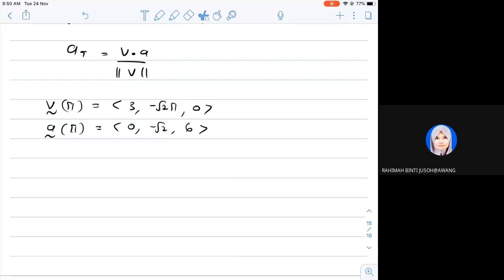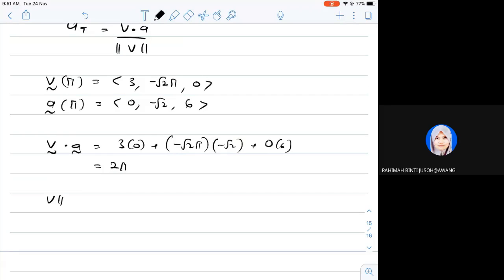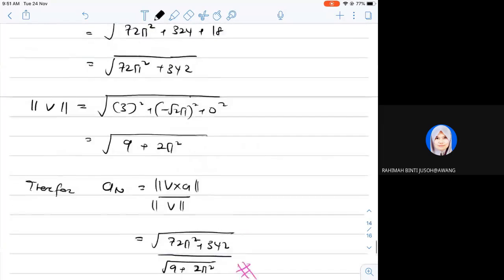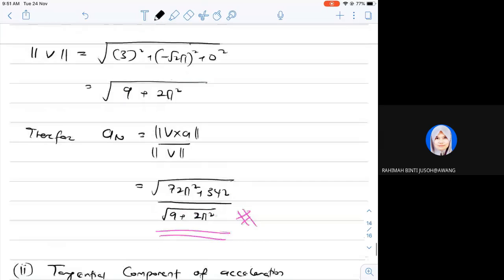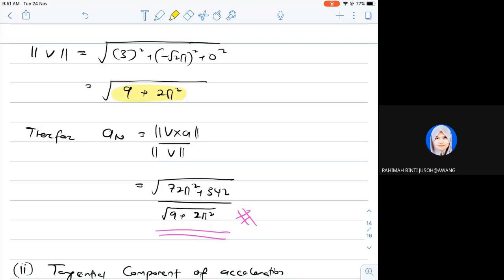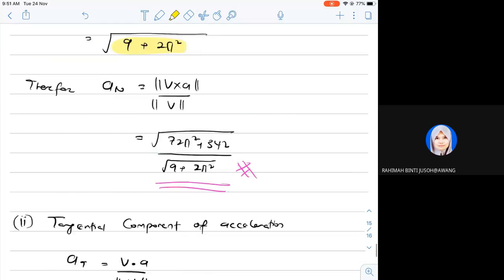Let us find the dot product. V dot A should be 3 times 0 plus negative square root 2 pi multiplied by negative square root 2 plus 0 times 6. So we have 0, 0, so 2 pi. And the speed we have from earlier is the square root of 9 plus 2 pi squared.